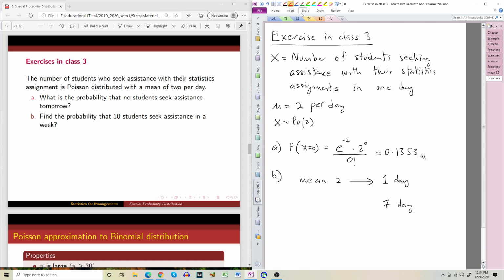How does 1 become 7? You multiply by 7. Okay, this one, 7 divided by 1. That is a scale, so you multiply by 7, you get 14.